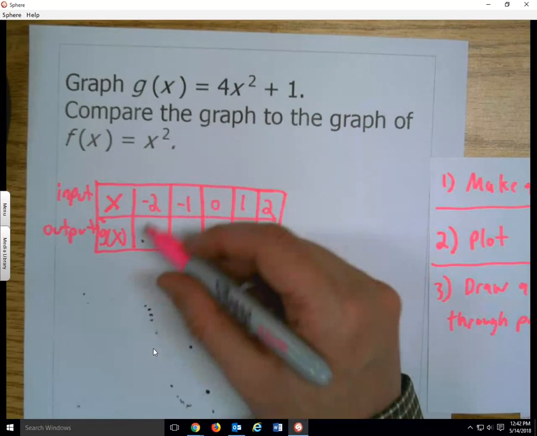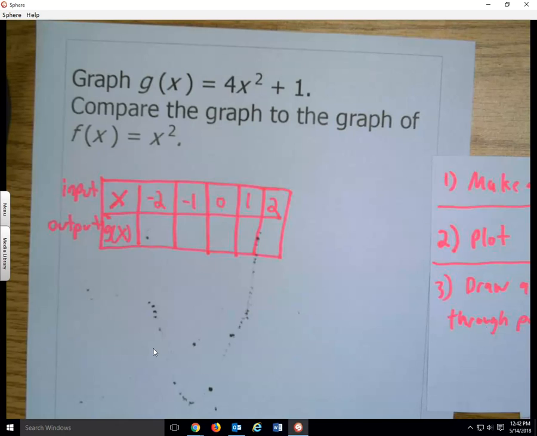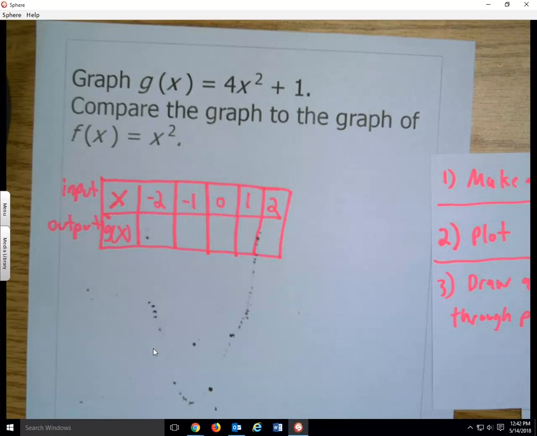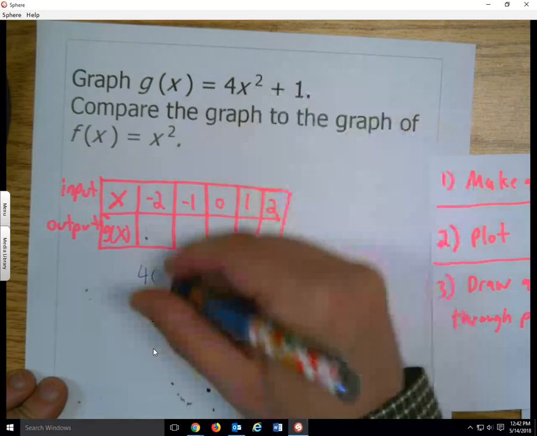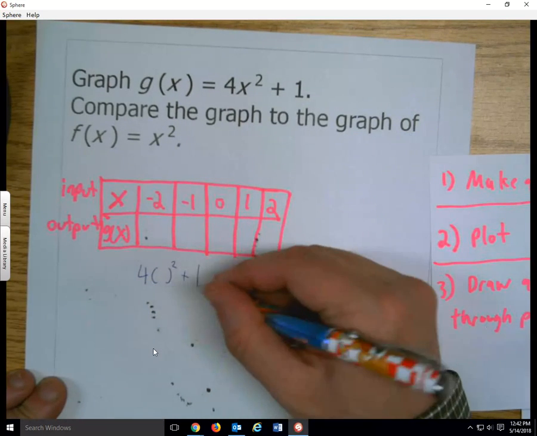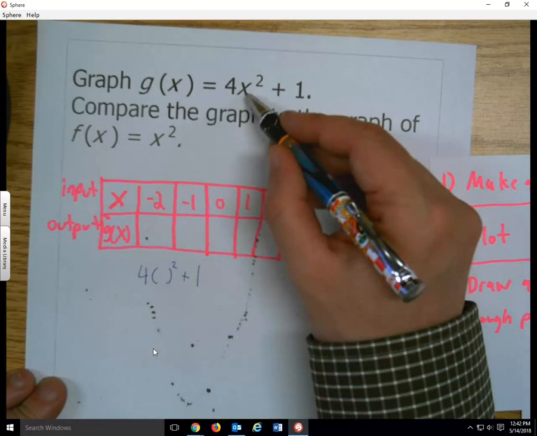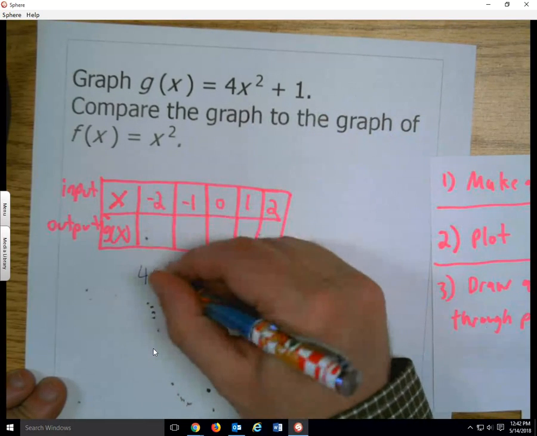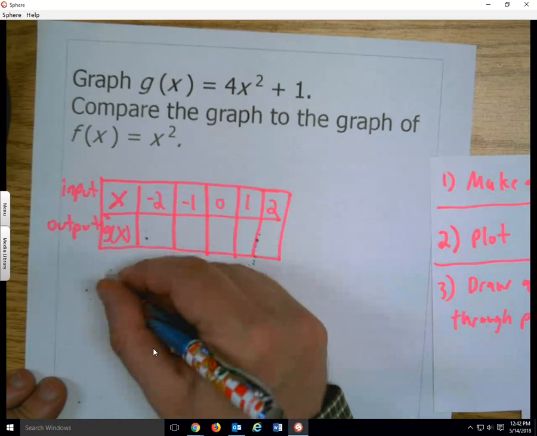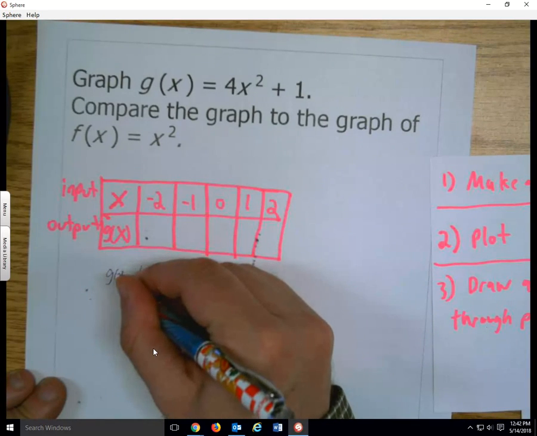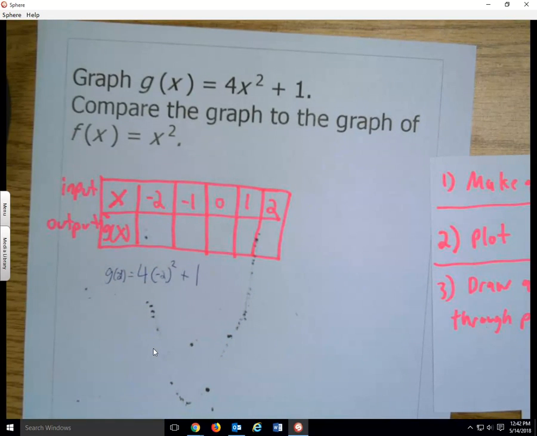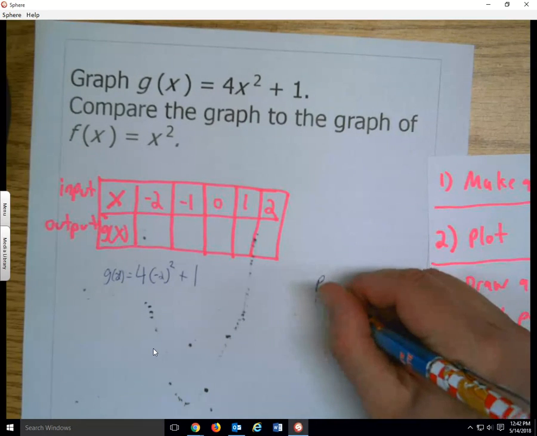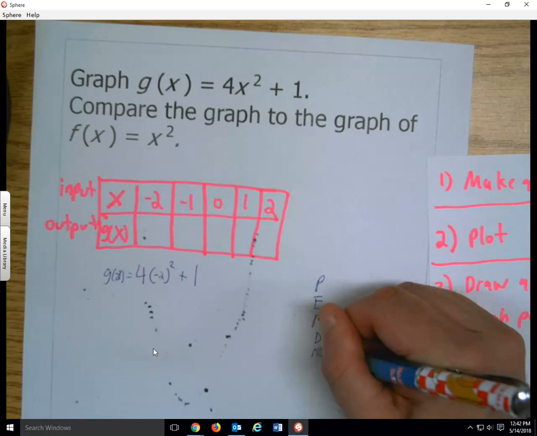If I substitute -2 into this equation, what do I get? It's 4x squared plus 1, but instead of an x, I'm going to substitute in this first value of x, which is -2. What's great about this is that even though it's a new thing, it's pretty easy because it's just the order of operations, Please Excuse My Dear Aunt Sally.